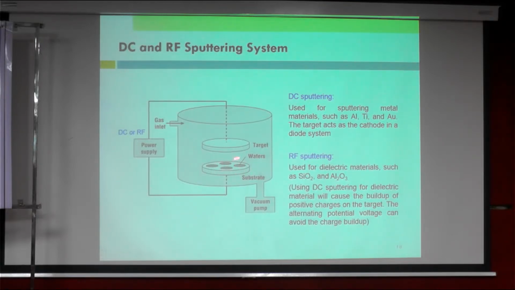So you have the substrate wafer, and you have the target here. Normally you want to deposit the materials on this wafer or substrate. Then you can change the target. RF sputtering is used for dielectric materials such as silicon dioxide and alumina. Using DC sputtering for dielectric material will cause a build-up of positive charge on the target. That's why we use RF sputtering.